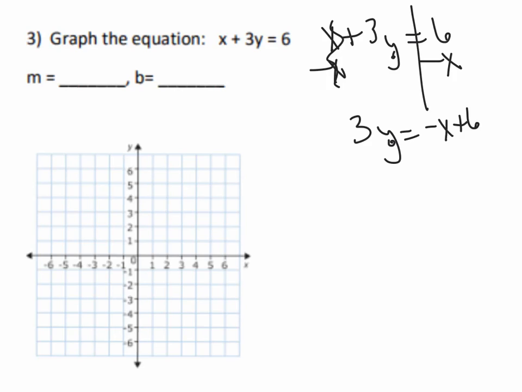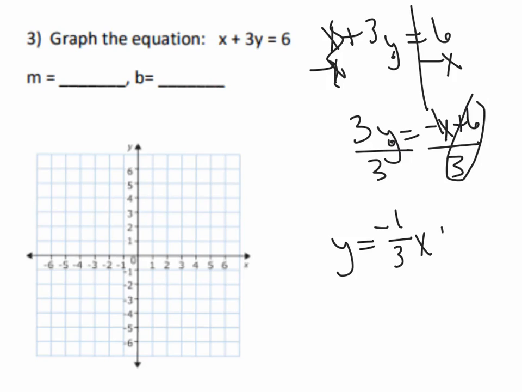We're trying to get y by itself, so we're going to divide by 3. So we'll have y equals, so remember this is a 1 in front of this x, so 3 does not go into 1, so negative 1/3 x, but 3 does go into 6, so plus 2.